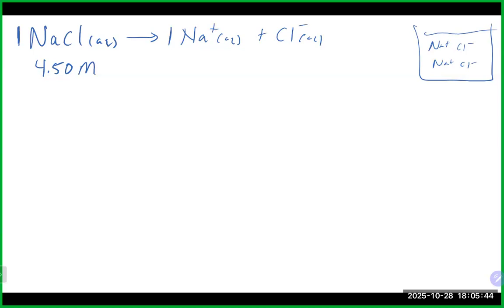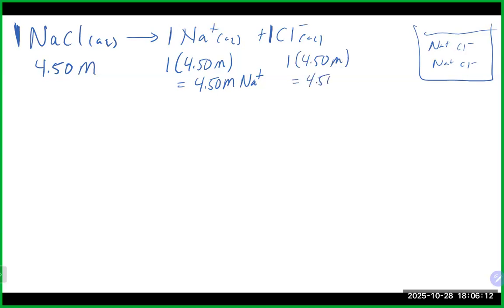How that works with molarity is you take 1 times 4.5, and the concentration of the sodium ions in that solution would be 4.5 molar as well. If we were interested in the chloride ions, it's a 1-to-1 relationship between those two. And that means you would take 1 times 4.5 molar, and that's going to give us 4.5 molar as the concentration of chloride ions floating around there.